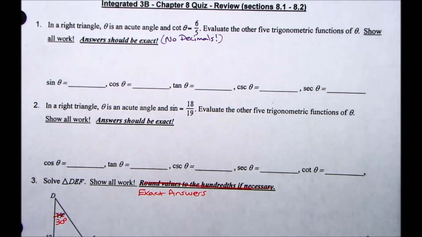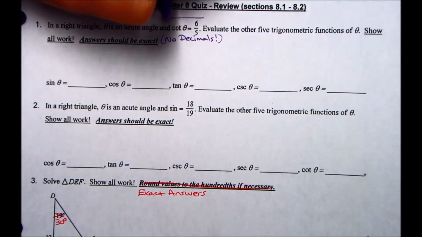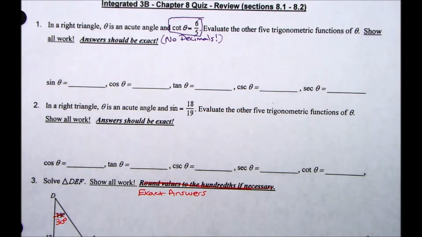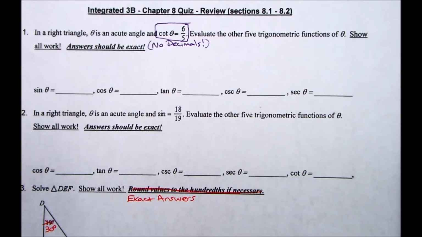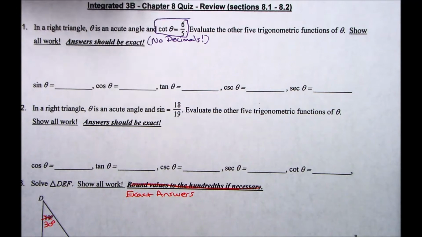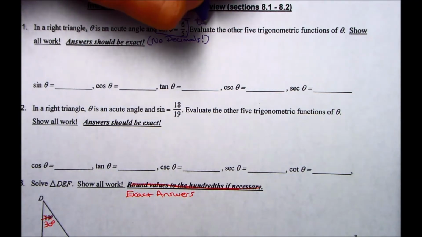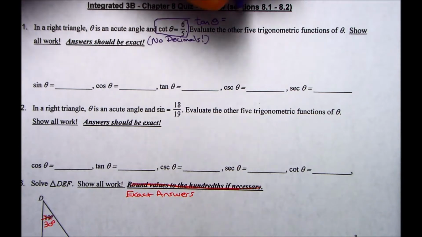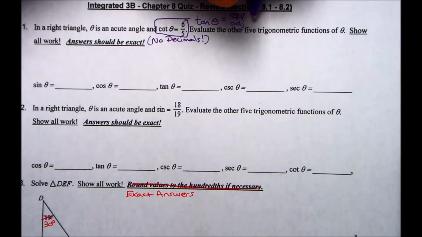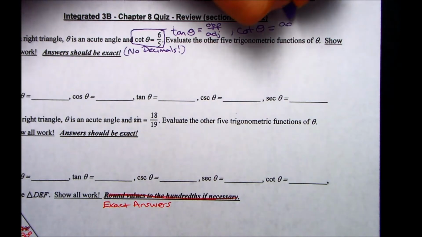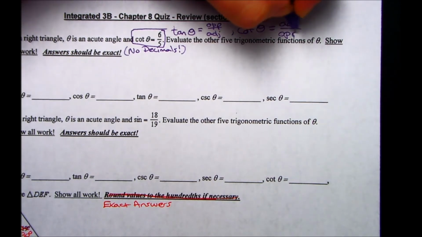So take what you're given, the cotangent theta equals 6 over 5, and try to figure out what that gives us. Well, if you know that cotangent is the reciprocal of tangent, and you know that tangent theta equals the opposite over the adjacent, then cotangent theta has to equal the adjacent over the opposite.